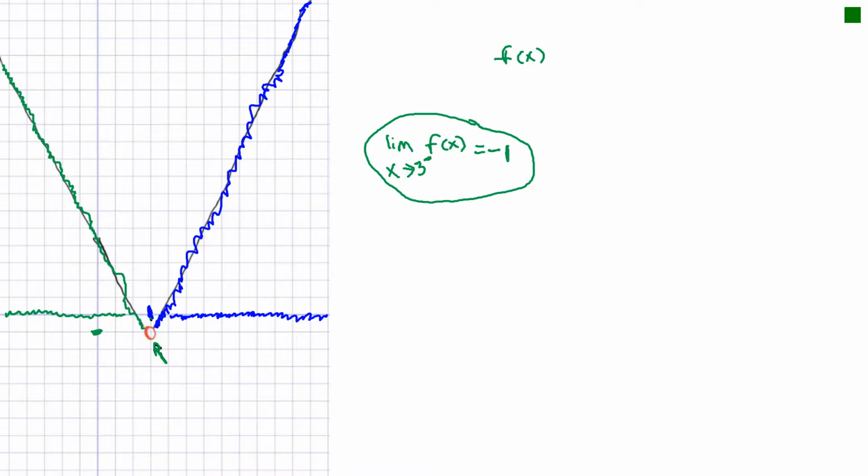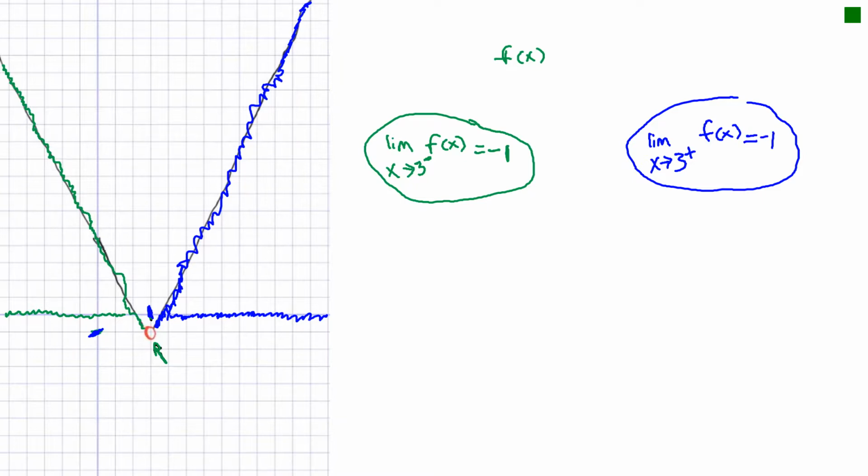So when we approach from the right-hand side, we're going to say the limit as x approaches, we're still approaching 3, but coming from the right, we're going to put a little plus right here. So as we do the limit of the function f of x as x approaches 3 from the right, that's what all of this means right here. And notice that as we approach from the right, we still end up at this -1 value.